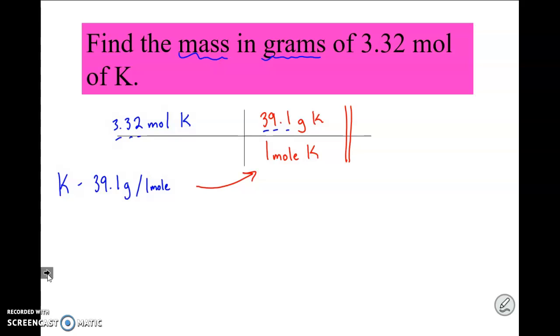Final answer, 1.30 times 10 to the second. Because I get 130 when I round, but that only has 2 significant figures, so I had to turn it into scientific notation. Final units, grams of potassium.